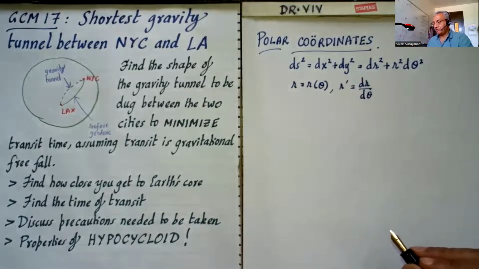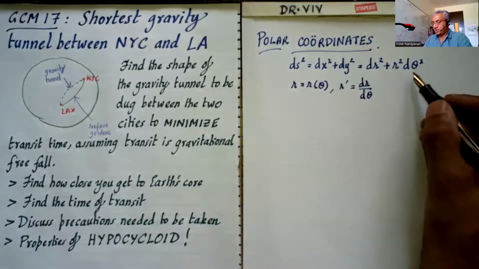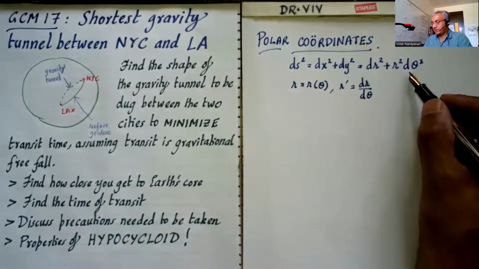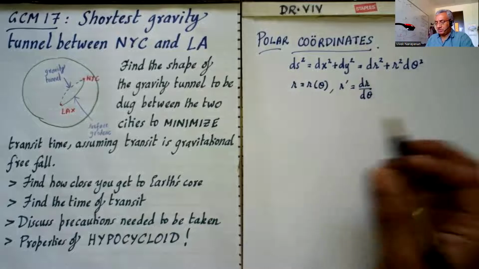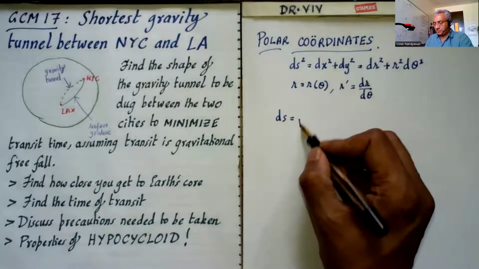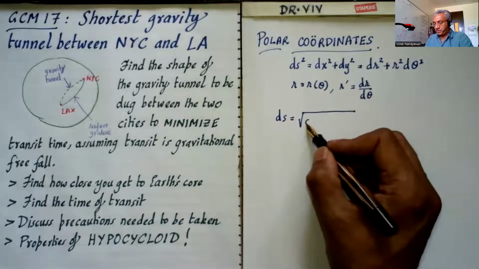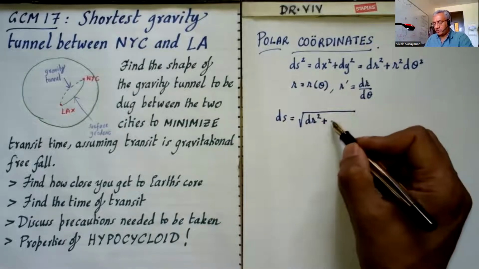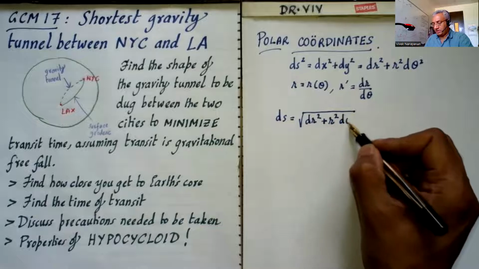Since we are favoring r, the proper thing to do is to take out the d theta outside. So when I write ds, I get the square root of dr squared plus r squared d theta squared.